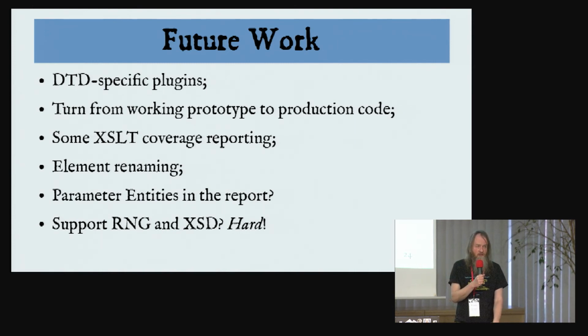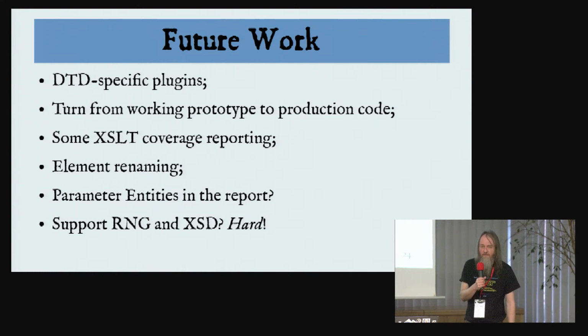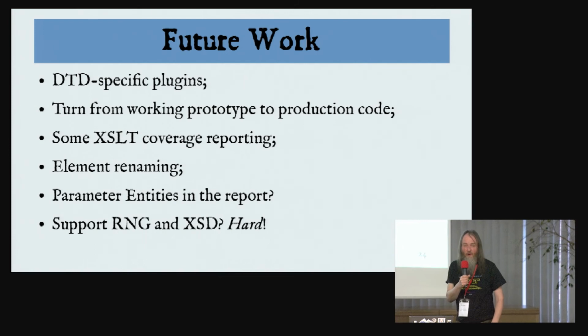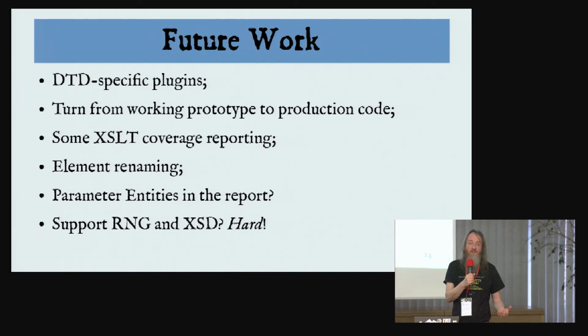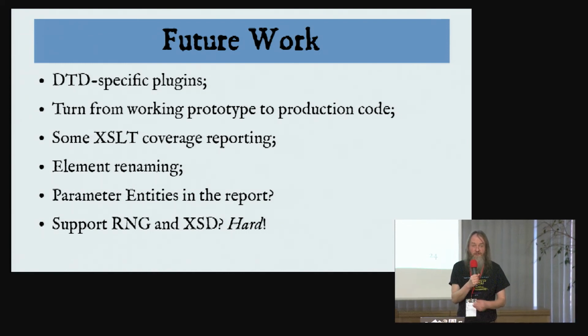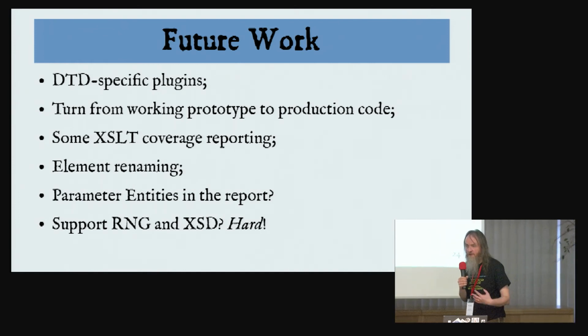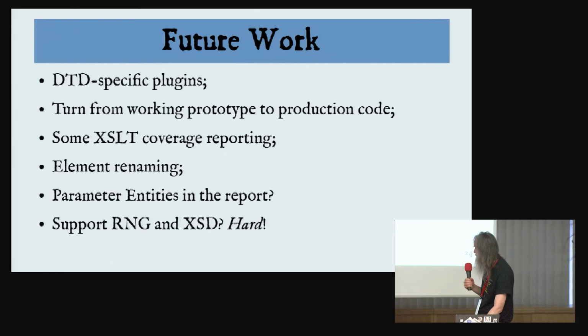I don't think there's anything show-stopping there, apart from it's a lot of work and I don't have any incentive. So probably what I will do is, as soon as it's not a prototype anymore, release it on GitLab, and we'll see if other people are interested in helping contribute code for other schema formats.